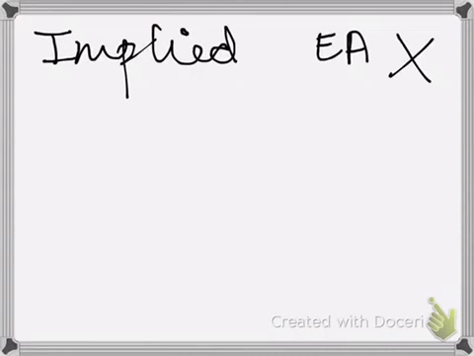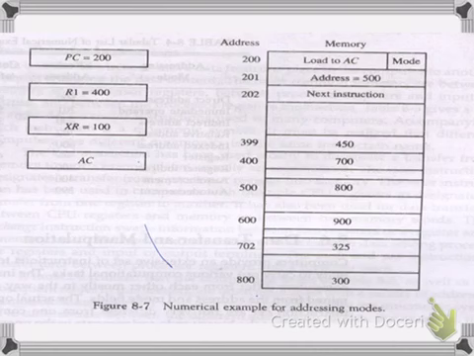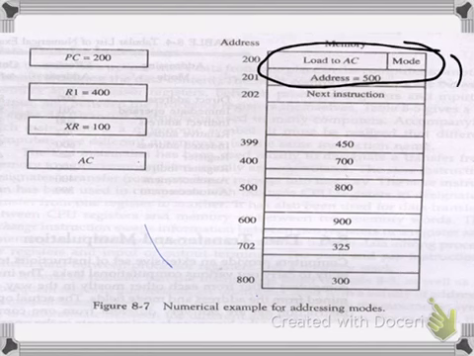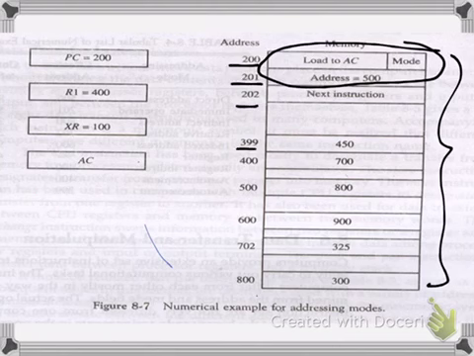The second one is immediate addressing mode. So let us look at this instruction here. You can see this represents main memory. So you have addresses 200, 201, 239 and so on. From address 200 and 201, it indicates one instruction.